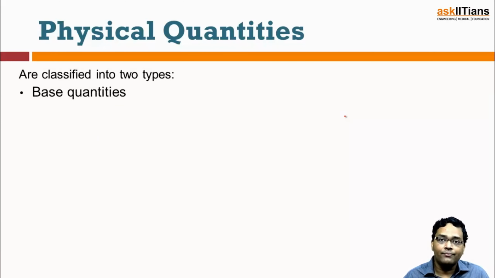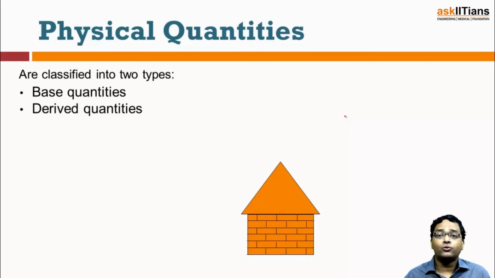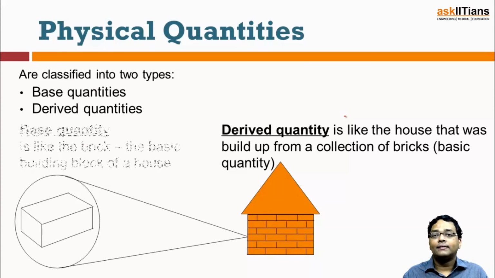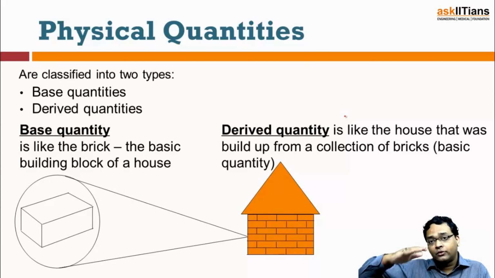Further, if you have to classify the physical quantities, we classify them into two basic parts. That is, there are base quantities and derived quantities. As the name itself says, base quantities are the building blocks, and derived quantities are formed when you combine those base quantities.